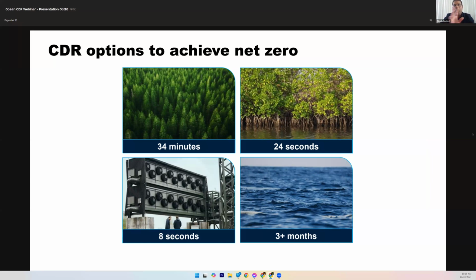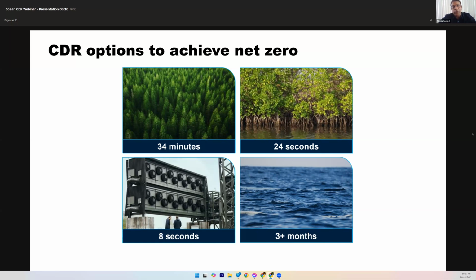So the first one, I'm going to go from left, the first image, you see afforestation. 100 million trees essentially move the carbon clock back by 34 minutes. The second one is about 8,500 hectares of Panama mangroves, which is coastal blue carbon, that moves the clock back by 24 seconds. 18 DAC units at the current scale probably move the carbon time machine by 8 seconds.